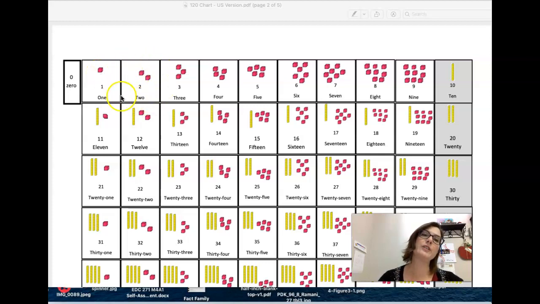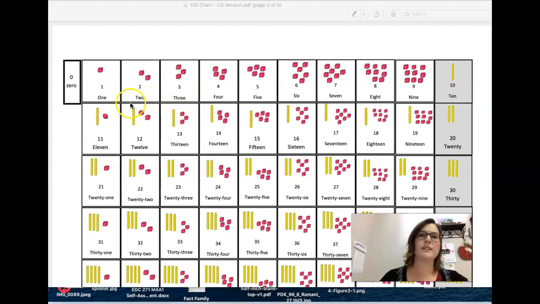So if we look at our neighbor number 2, if we look to the right after the number 2, we'll see that we have 1 more unit than we had before. So neighbor number 2 has a neighbor before and a neighbor next to it after.